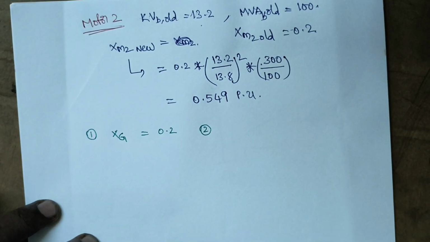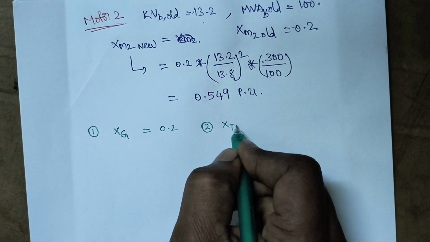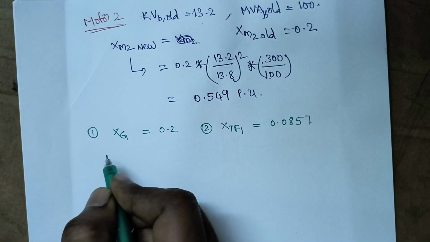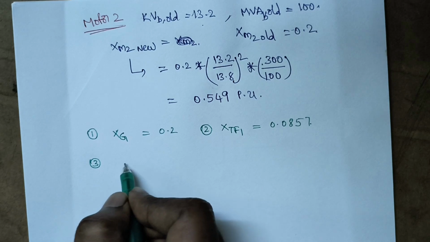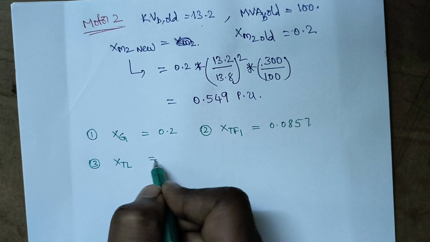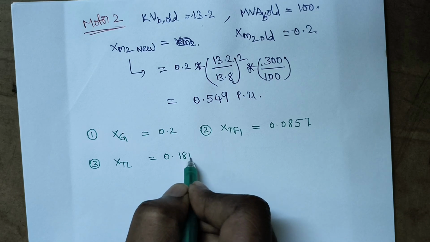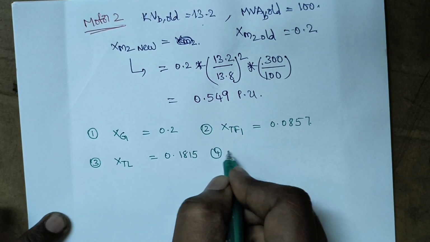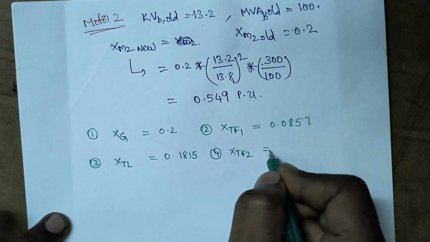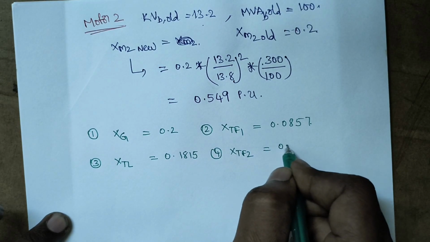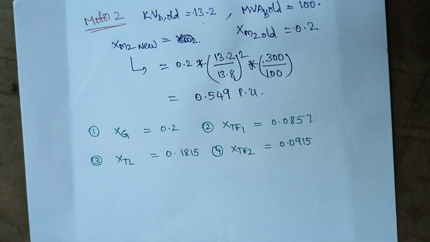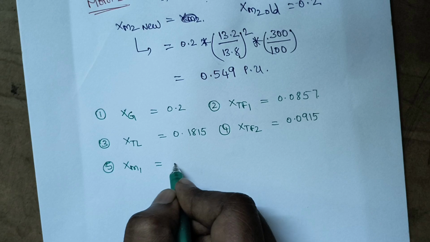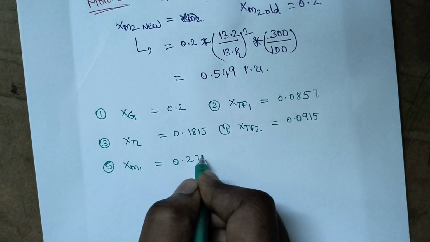The second one is transformer 1, XTF1, 0.0857. Third is transmission line XTL, 0.1815. Fourth is transformer 2, XTF2, 0.0915. Fifth is XM1, 0.2748.